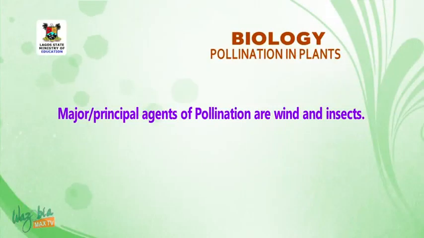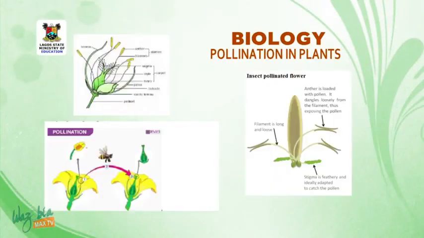Out of these agents, we have major or principal agents of pollination, which are wind and insects. Look at the picture of wind-pollinated flower and insect-pollinated flower. Note your observation. We will go on break now and we'll be back shortly.